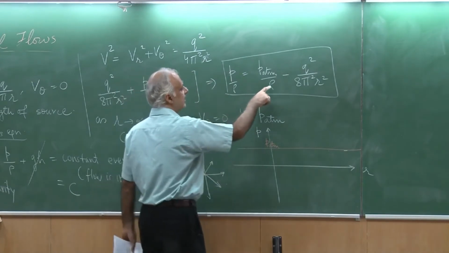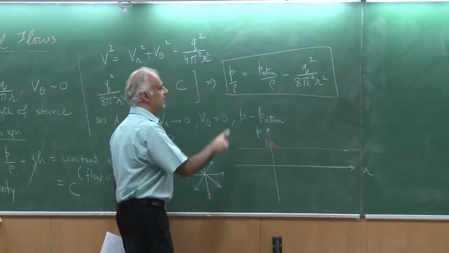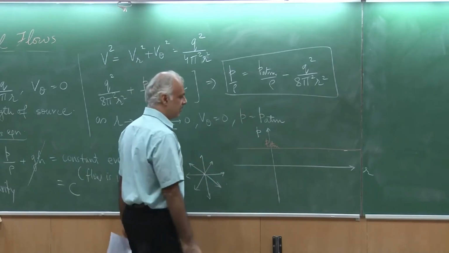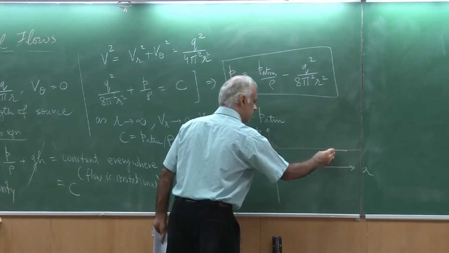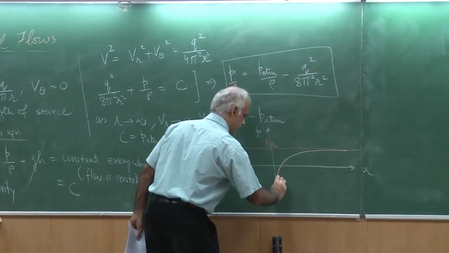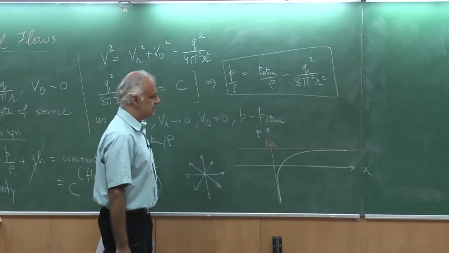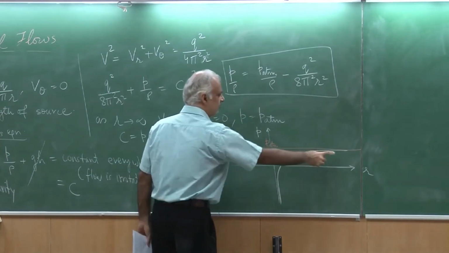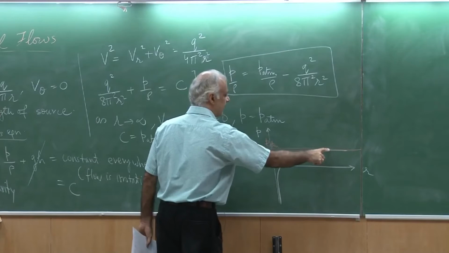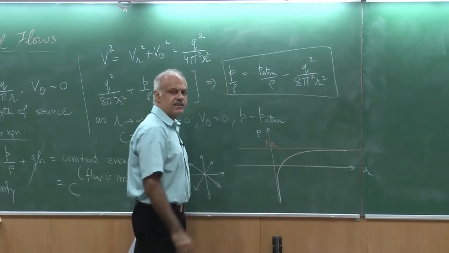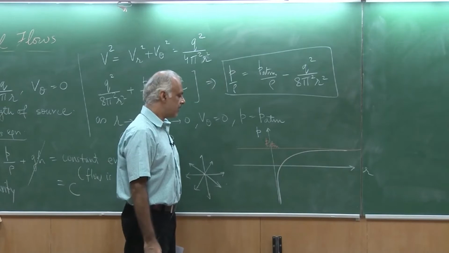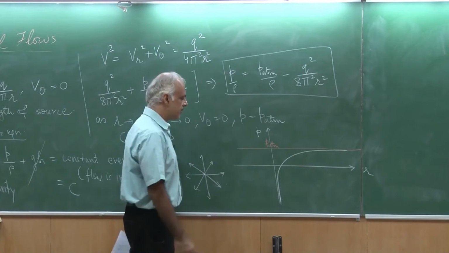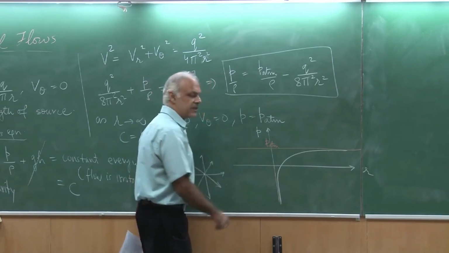And you can see that when r goes to 0, this function actually blows up and I get a minus infinity. So this curve would look something like this. Very quickly it blows up. Okay. In fact, what we see is that far away the pressure is atmospheric, and then as you go inside close to the origin, where the source is emanating from, then you get what is known as negative pressure.